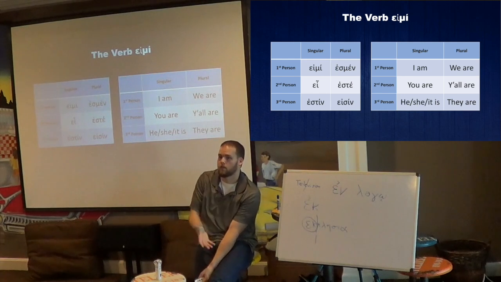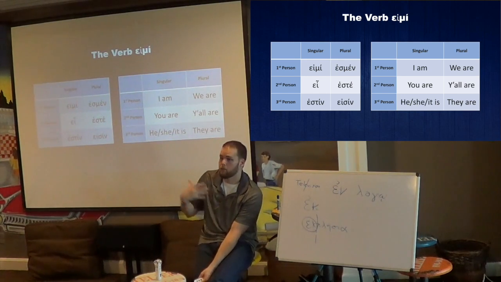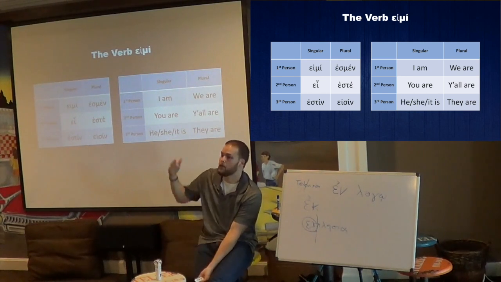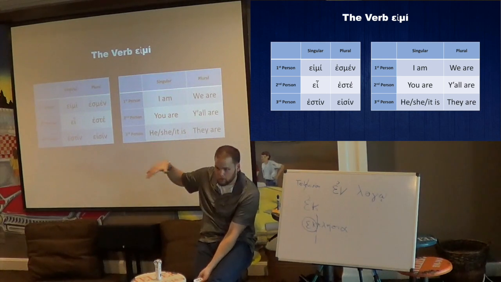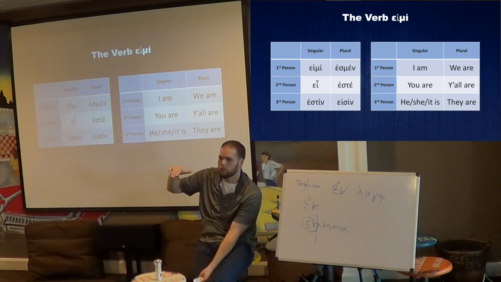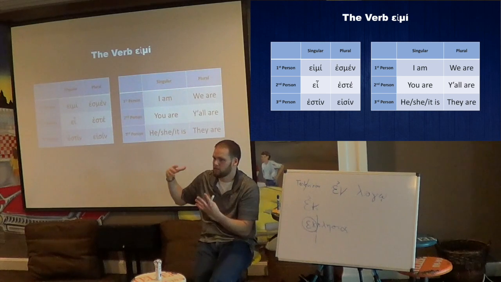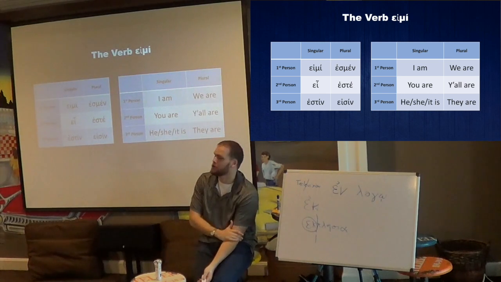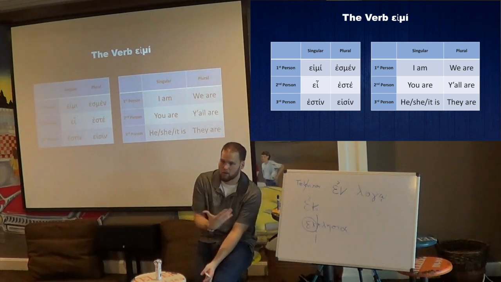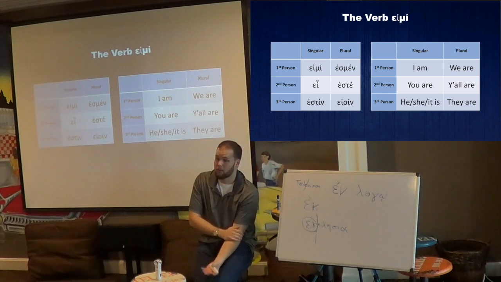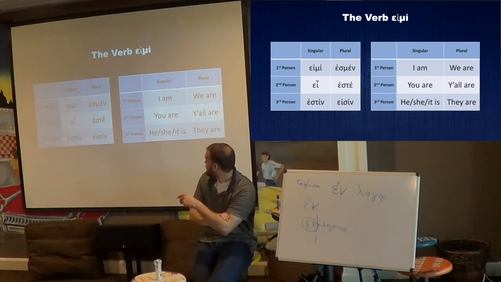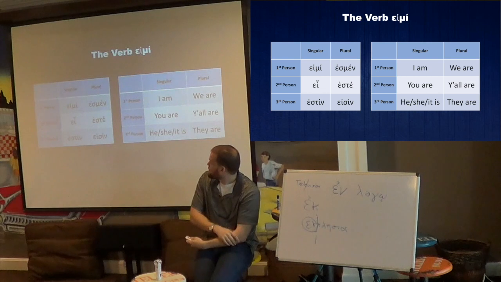I am, you are, he is. That's how we parse the English to be verb. Being is a strange concept in all languages. And so the to be verb is always a strange thing in languages, and it's just funky, and you just have to memorize it. And so this is the present tense to be verb.